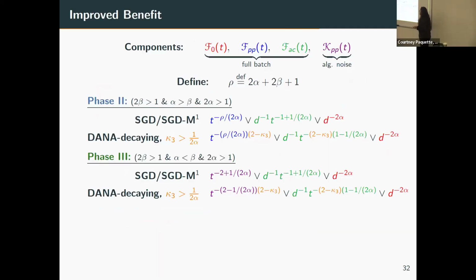You can explicitly write down how much acceleration you get. If you were to just do SGD, you would get this rate. If you do Dana decaying, you get an extra factor here, which is dependent on your choice of the exponent for the time. So you gain a little bit and it exactly interpolates between full batch Nesterov and SGD. A total interpolation between the two.